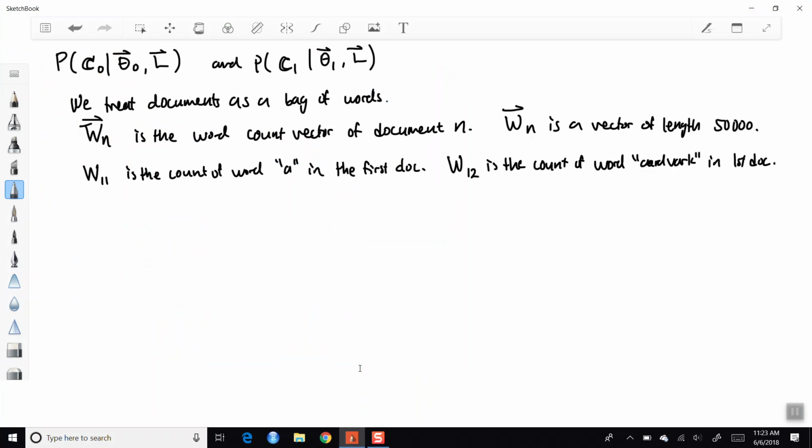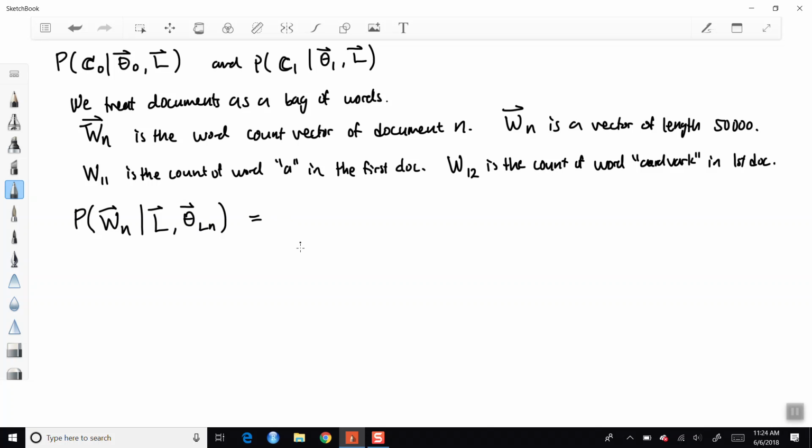Anyway, we have this. So these are our word vectors, and so the probability of the vector Wn, for document n, given its label and the corresponding word vector, depends on whether it's labeled 0 or 1, which determines which word probability vector it's using.